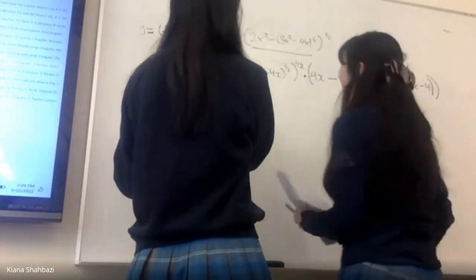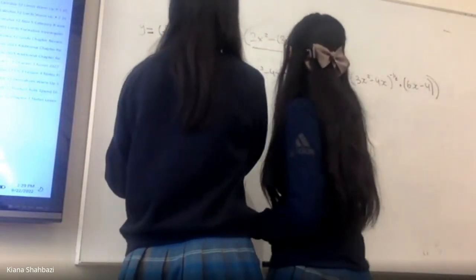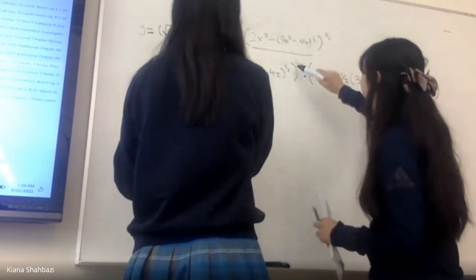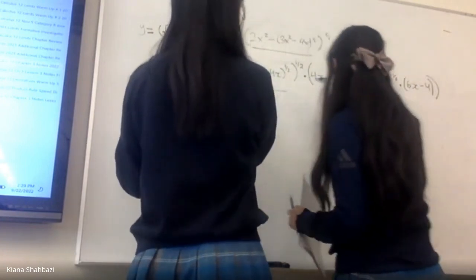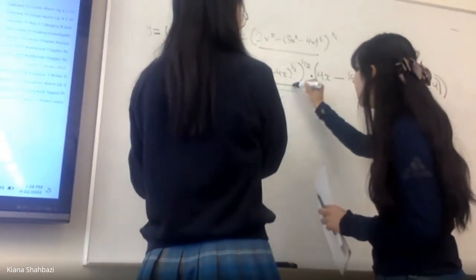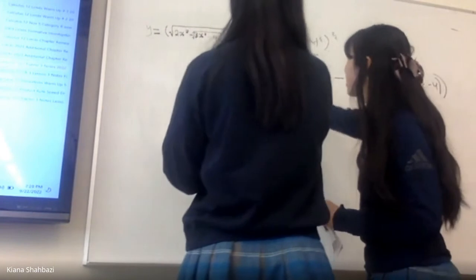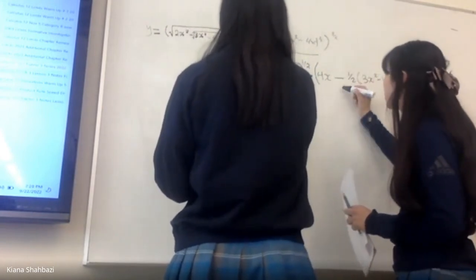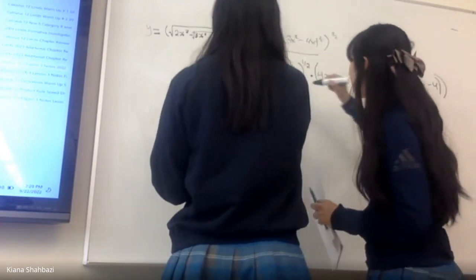Minus 1 half. This, I feel like, is correct. And then from here on, you have the derivative of this guy, right? So we take this individual piece, that's 4x minus, and then you do that. Yes, it is the same.